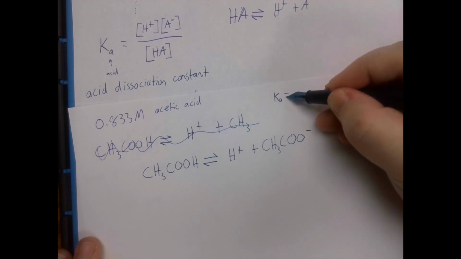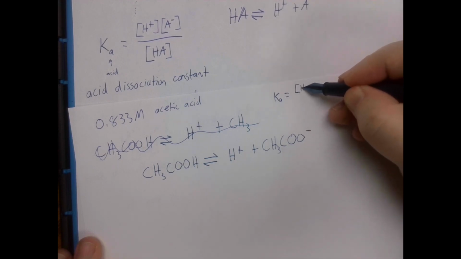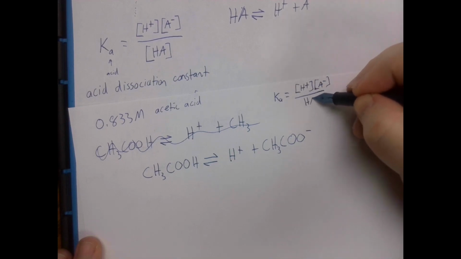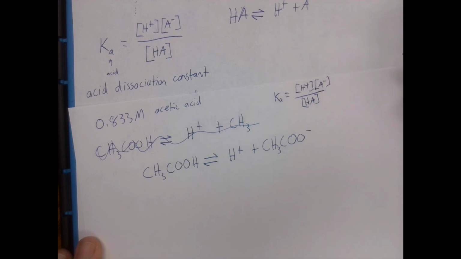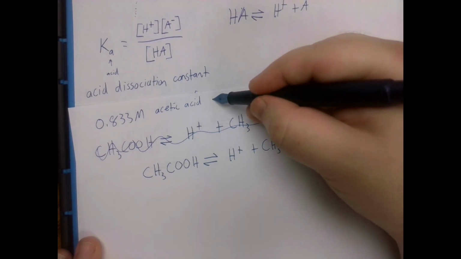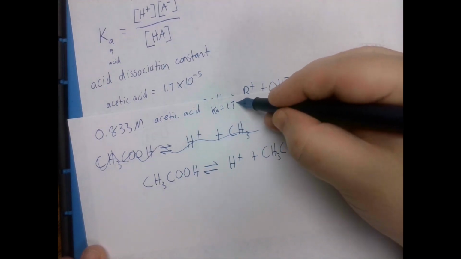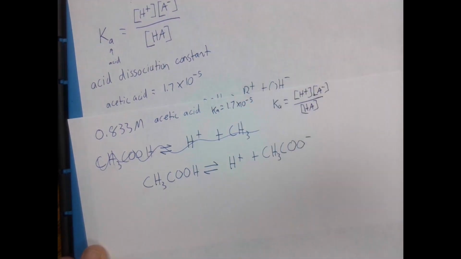We have the equation Ka equals H plus times A negative divided by HA. And for acetic acid, Ka equals 1.7 times 10 to the negative 5.